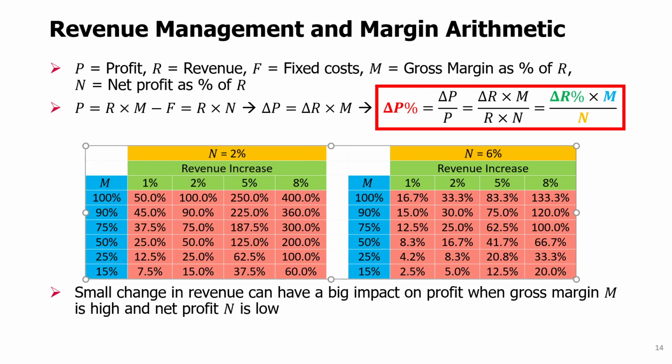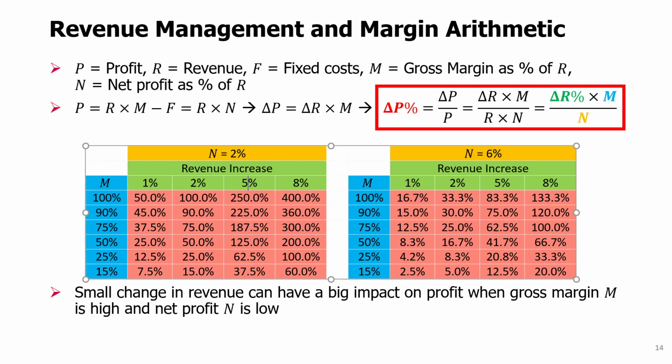And this is what revenue management can help us achieve. If net profit is higher, then the impact is actually smaller. But if you have a very competitive industry like airlines, where net profits will be small, if you can just capture 5% more of revenue, which means, maybe if you had a fixed price per seat, if you could increase occupancy in your aircraft, reduce the number of empty seats, increase the number of seats that you sell in an aircraft on average by 5%, you can more than double your profits, just by increasing the number of tickets you sell by 5%.